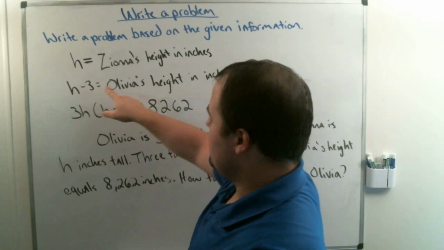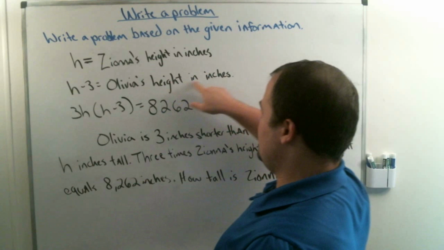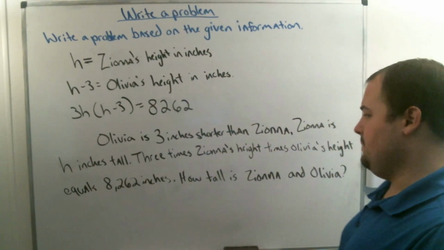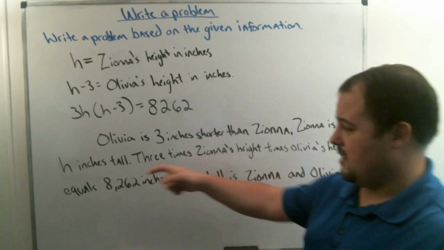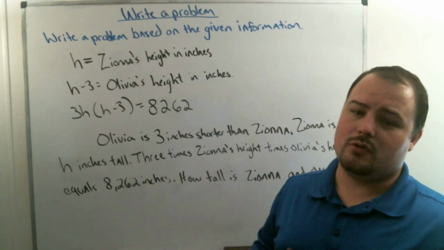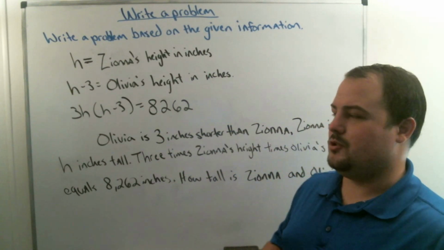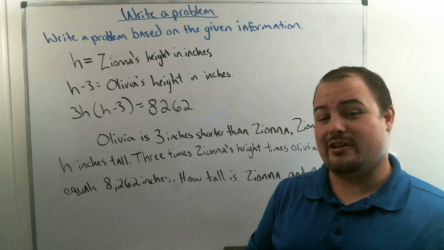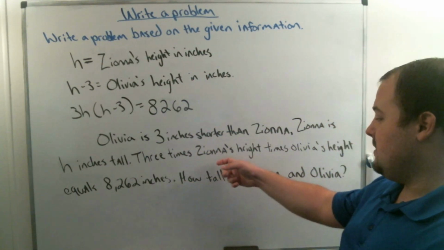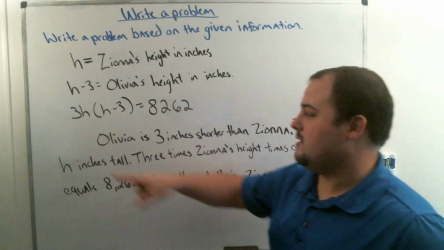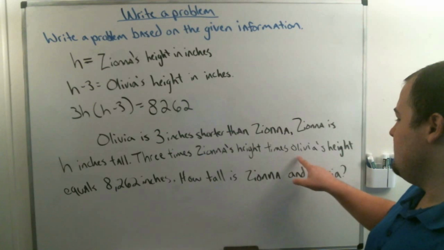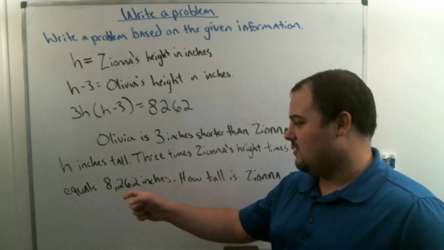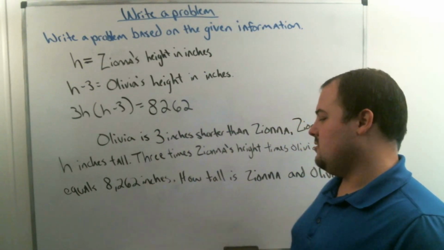So if Olivia's 3 inches shorter, Olivia's height in inches is h minus 3. Ziana is h inches tall, so I'm telling the reader what unit of measurement I want them to use. 3 times Ziana's height times Olivia's height equals 8,262 inches.